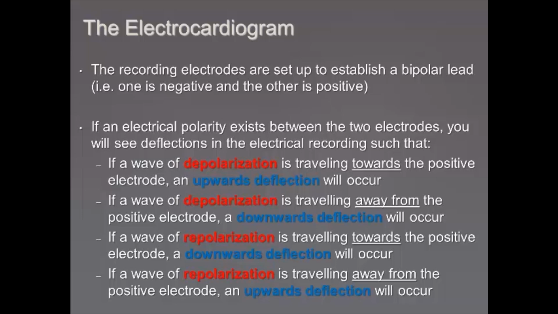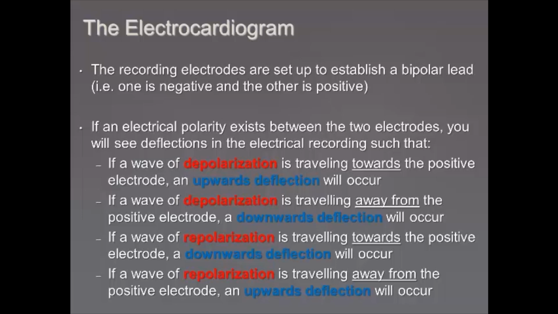If the wave of depolarization is traveling away from the positive electrode, then that negative wave front is going towards the negative electrode, and in this case we see a downwards deflection in our graph, or a negative deflection.